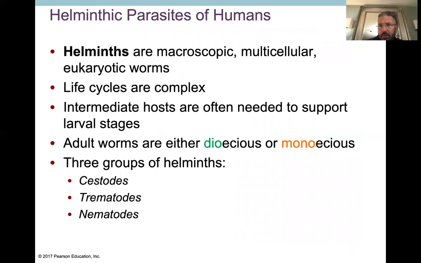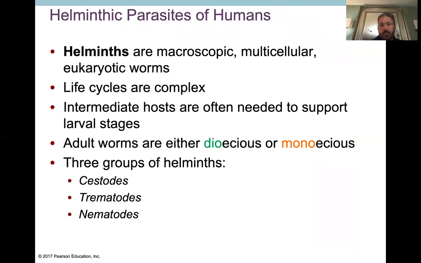Okay, guys, let's talk a little bit about worms. All right, so helminths. When you see helminths, this means worms. So we're talking about roundworms, pinworms, tapeworms, things like that. So helminths are macroscopic multicellular eukaryotic worms.